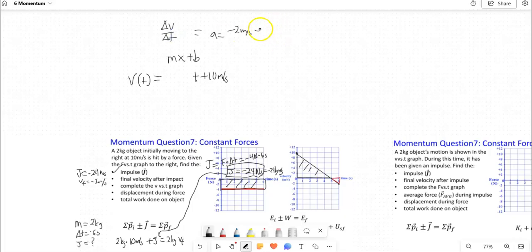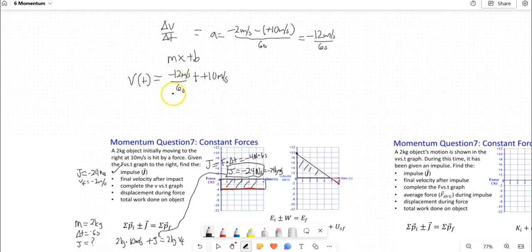So we're going to subtract from a positive 10 meters per second, so it's the change in velocity over change in time over the period of 6 seconds. So what we're going to get is negative 12 meters per second over 6 seconds. So that slope is negative 12 meters per second over 6 seconds times t.